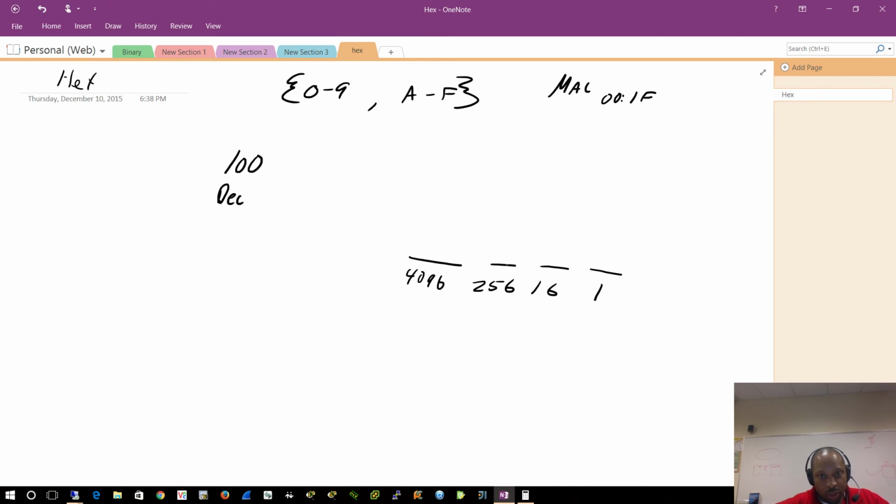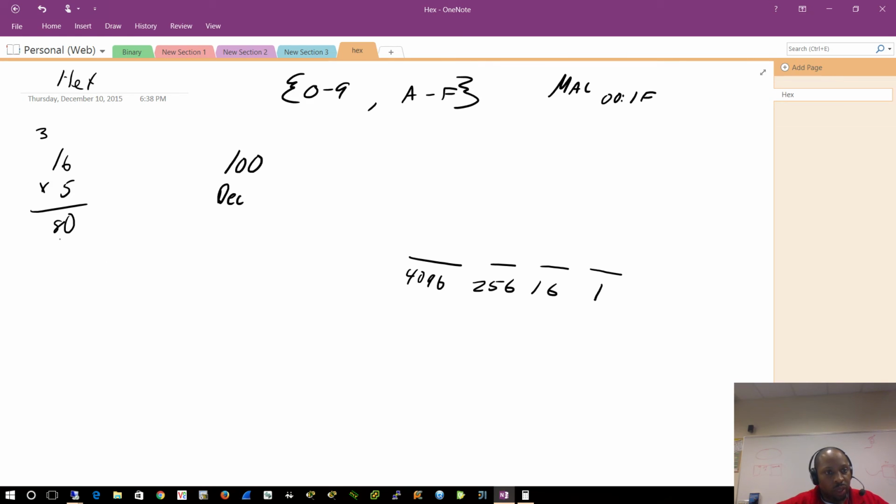So let's write the number 100. Well, can 256 go into 100? No. How about 16? Yes, it can, but how many times? Well, 16 times 5, I believe, is 80. Let's check that. 16 times 5 is 30, 0 carry 3. 5 times 1 is 5 plus 3 is 8. 80.